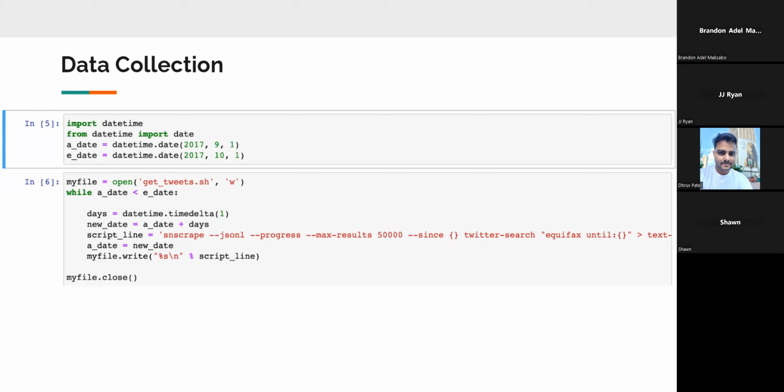As you can see in this code, the operative line is the script line, which generates a single command line. It takes snscrape, creates a JSON file, max of 50,000 tweets since a start date with a particular search term. Monday.com is the example here, and then throws everything out into a JSON file.